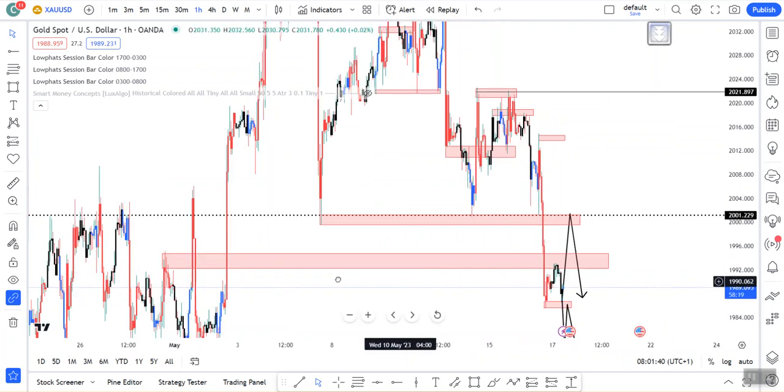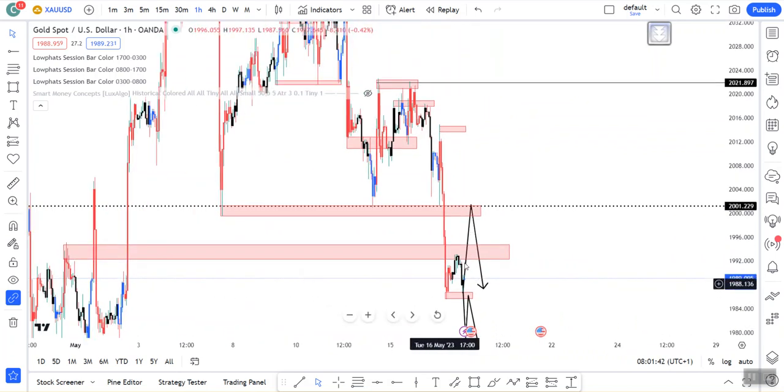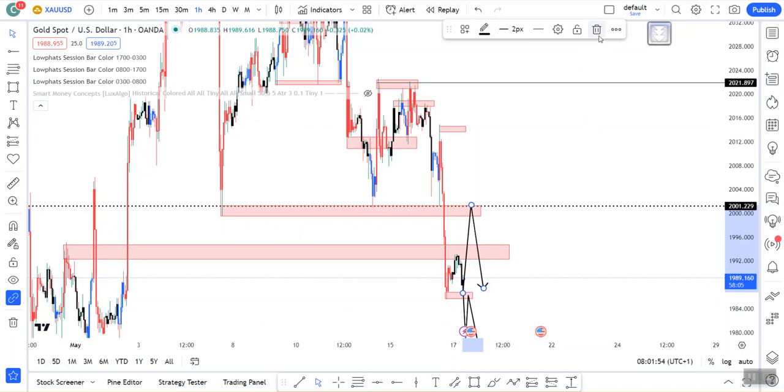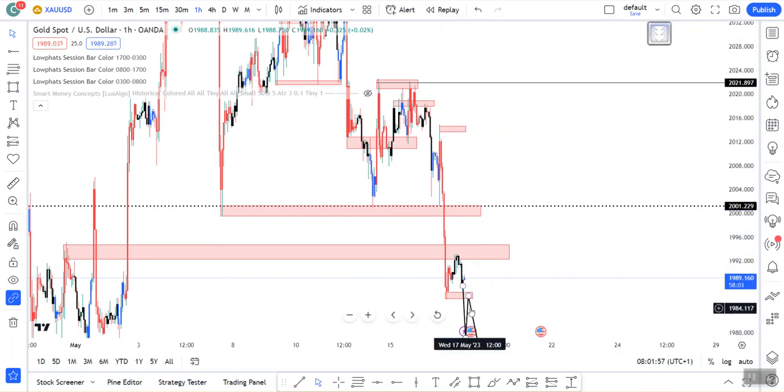So if the trade comes in at this zone, depending on the reaction, let me remove this. We are looking at taking our trade here now.